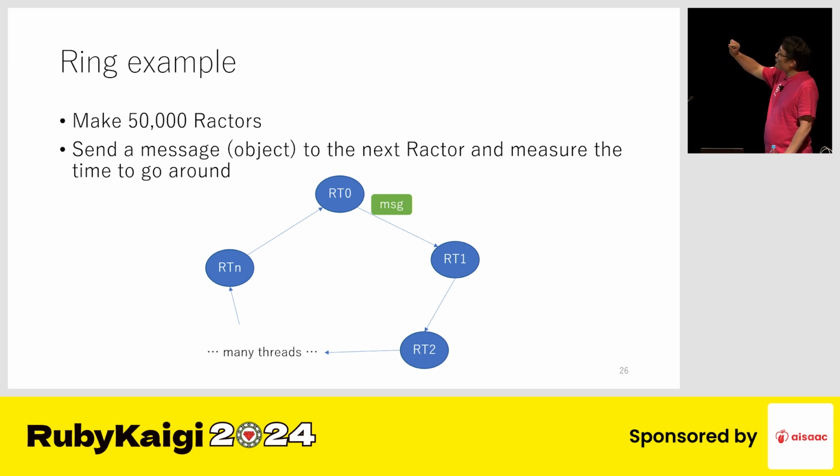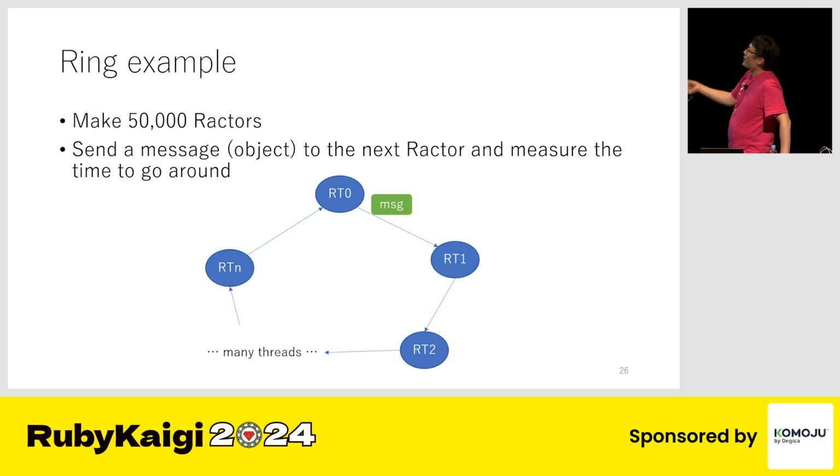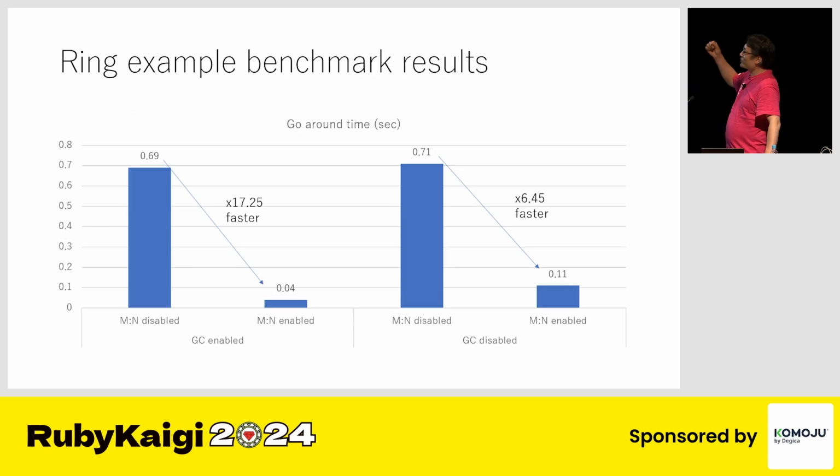We can measure how much time is needed to go around this ring. With MN threads, we can see 70 times faster or 6 times faster, with GC disabled or GC enabled. So we can measure good performance with MN threads on the Ractor system.